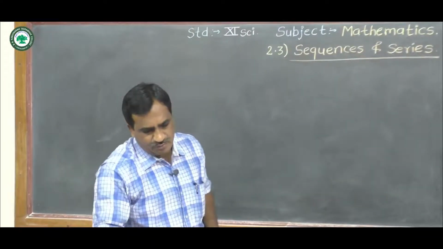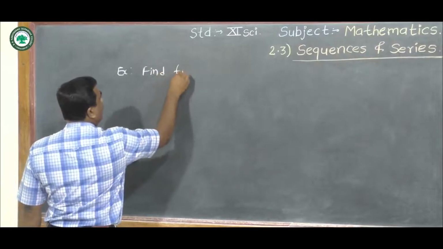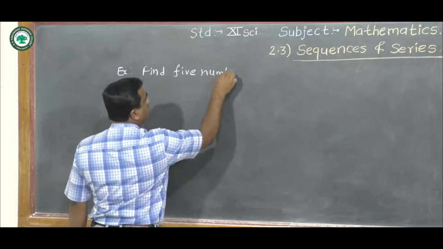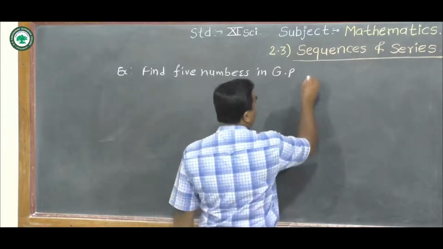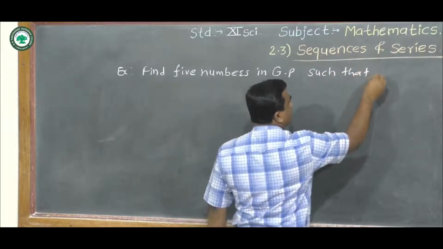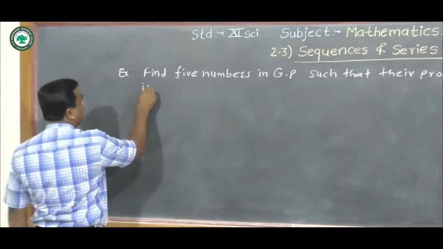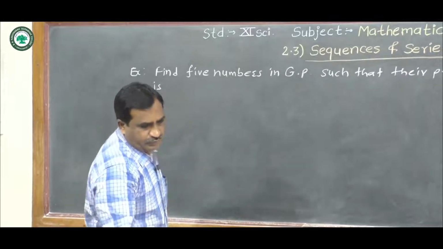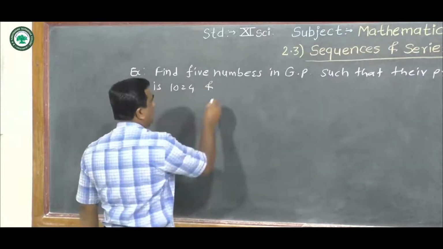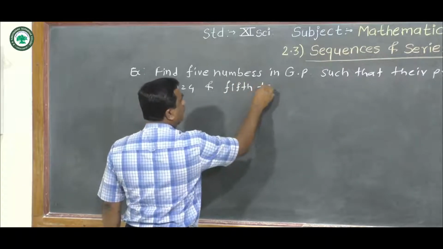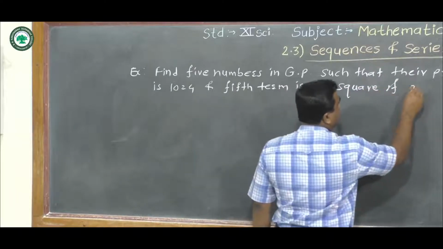Now the next example is: find 5 numbers in GP such that their product is 1024 and the fifth term is the square of the third term.